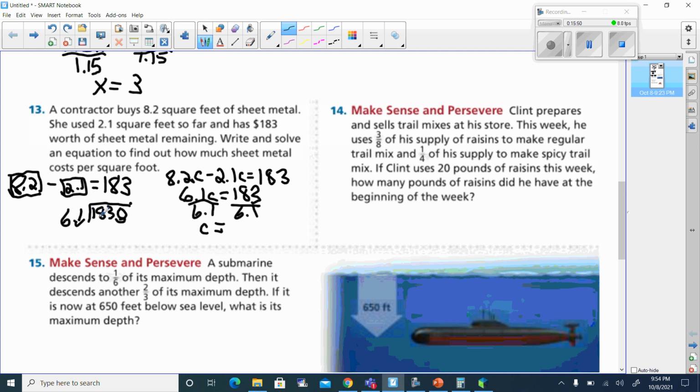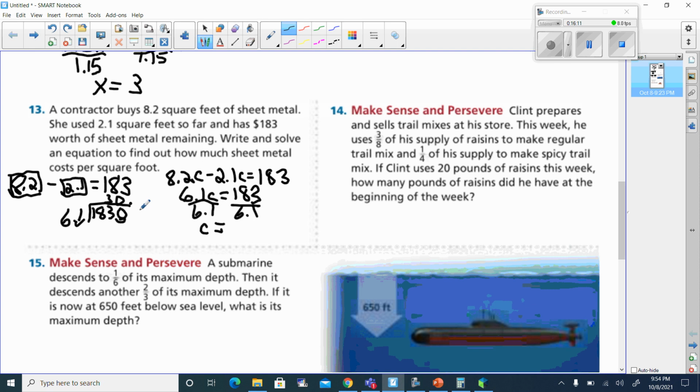Now 61 will go into 183 3 times, right? So if 61 will go into 183 3 times, then we know that 6.1 times 30, we're going to have a 0 left over, right?